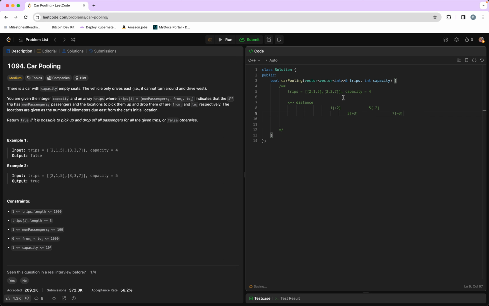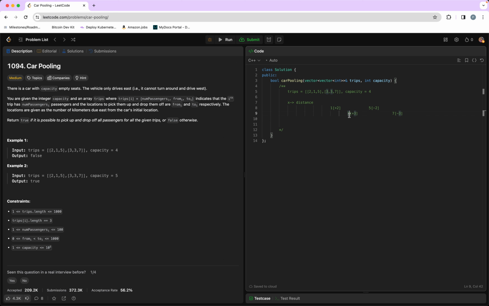Now similarly, if we are supposed to find the maximum number of persons in these time slices, we can see that in between the interval 3 and 5 there are 5 persons, right? That is 2 persons would get in at distance 1, and 3 more persons would get in at index 3, correct?